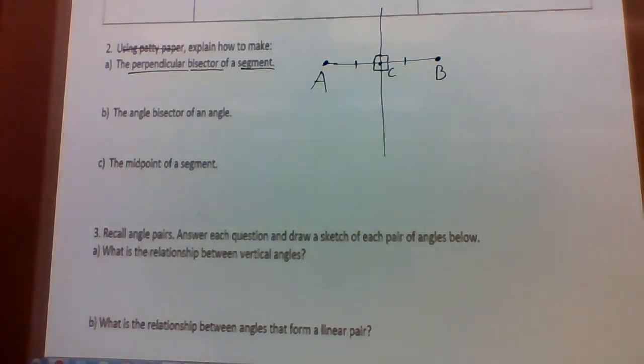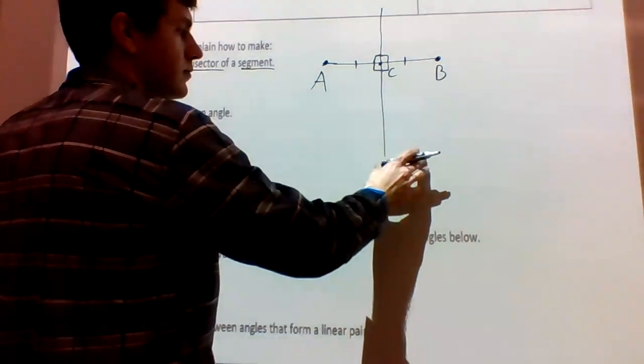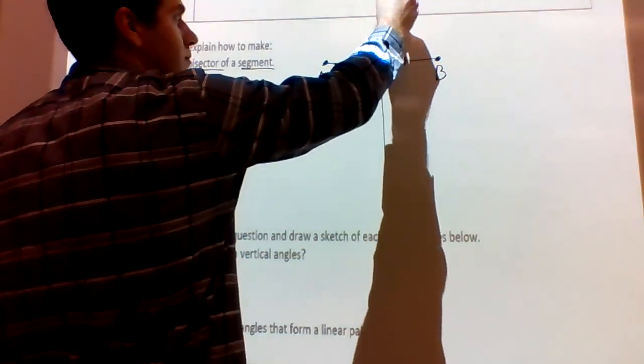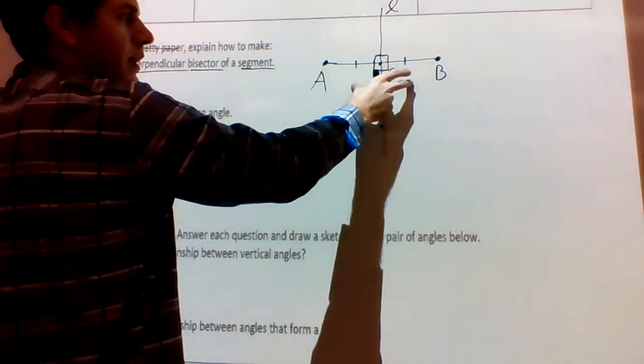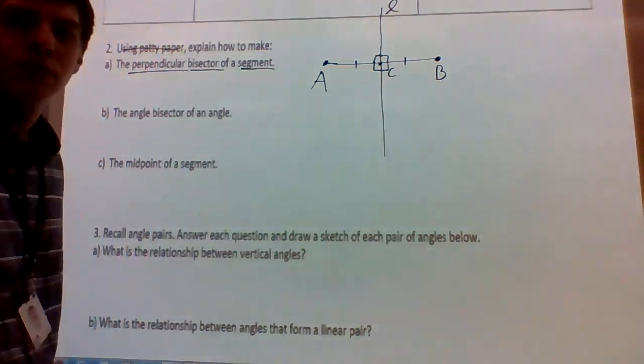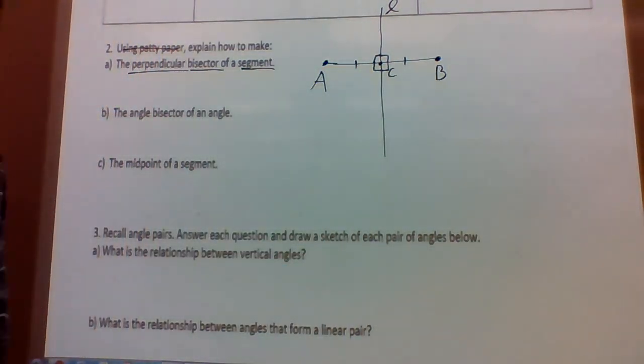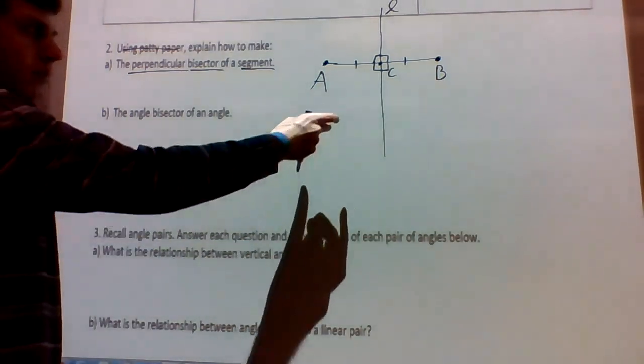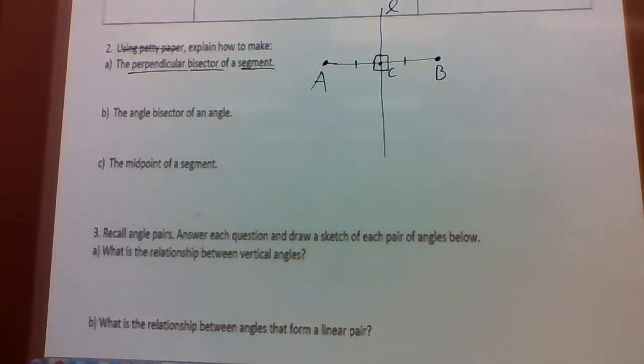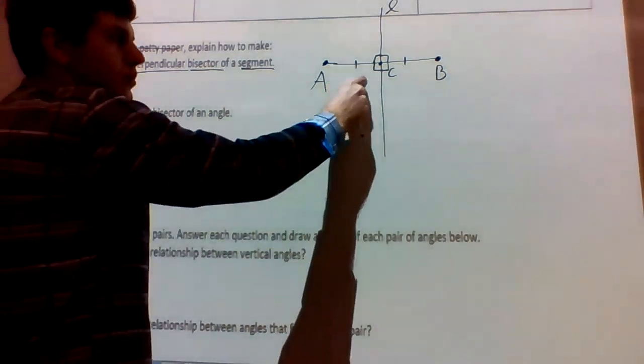So there is a line, we'll call it line L, that intersects segment AB at point C, such that it's a perpendicular bisector. It's perpendicular to segment AB, and it bisects the segment, meaning it splits it into 2 congruent pieces. AC is congruent to CB.